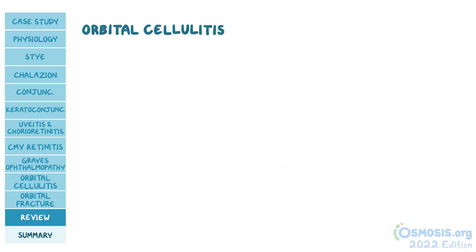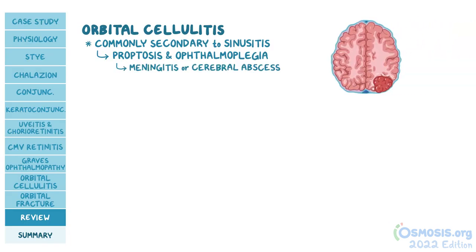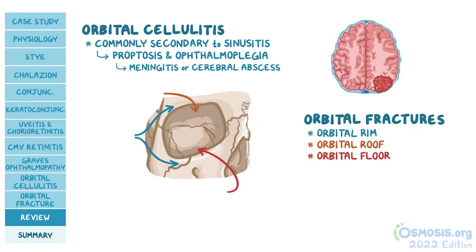Orbital cellulitis is commonly secondary to sinusitis, can cause proptosis and ophthalmoplegia, and in severe cases progresses into meningitis or cerebral abscess. Orbital fractures can involve the orbital rim, roof, or floor, in which case they are also known as blowout fractures.